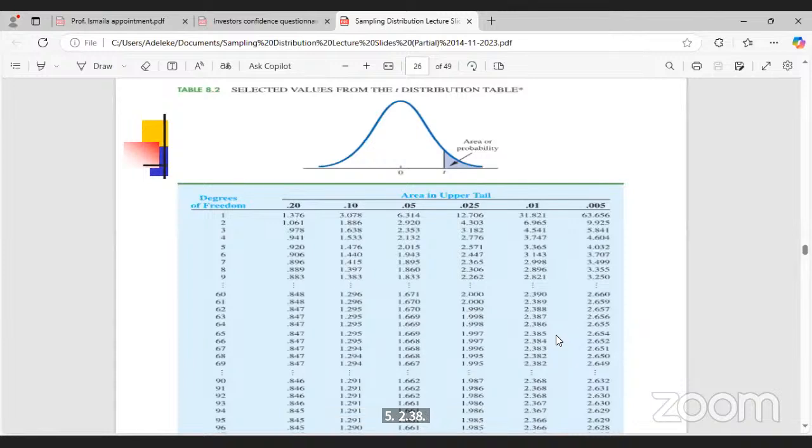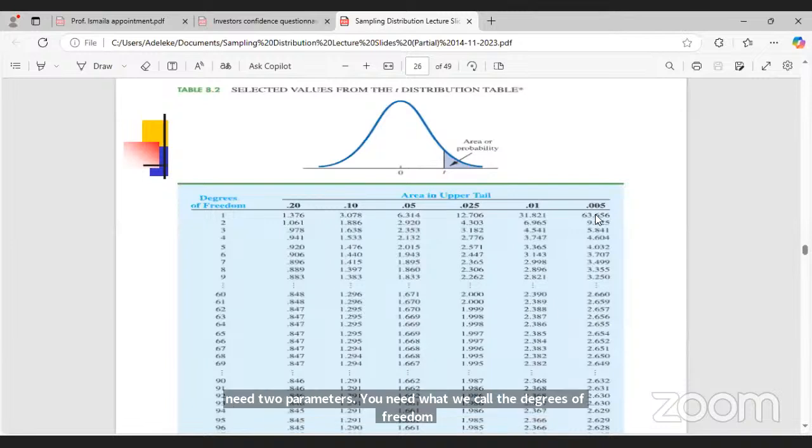Okay, so let's take it again. The table is called the student T table, or simply the T distribution table. For you to check values from the table, you need two parameters: the degrees of freedom and the significance level.